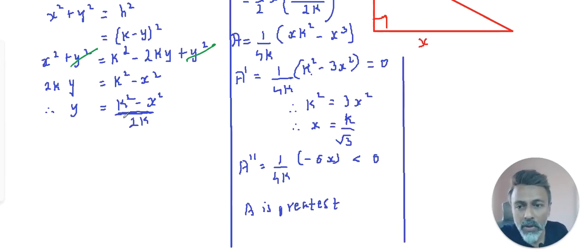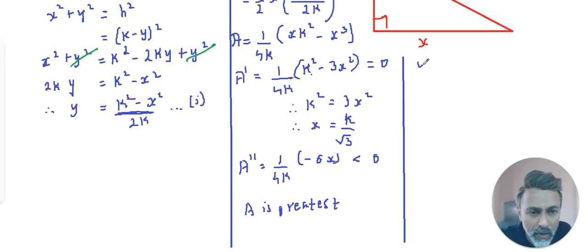Let us put that in this equation, say equation 1, and get the y value. So y is equal to k square minus x square, the whole upon 2k. X square you can see from this step is k square upon 3.